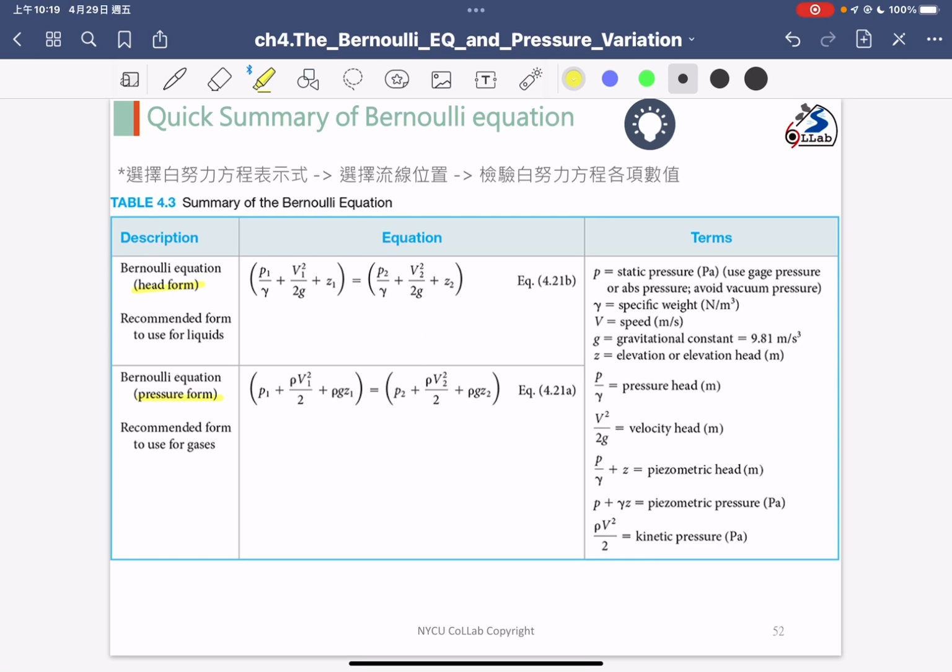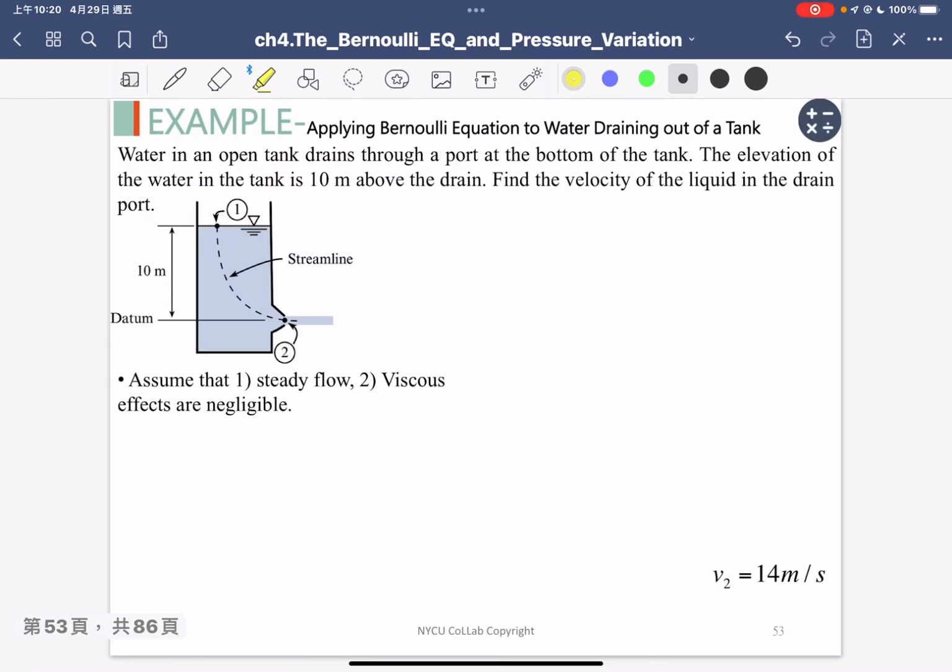I summarize all of the parameters, and the important thing is the units. You need to know the dimensions of each parameter. We just have two exercises, and they will be very helpful to understand the principle of the Bernoulli equation.